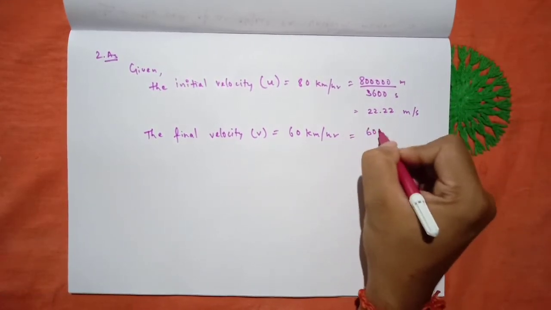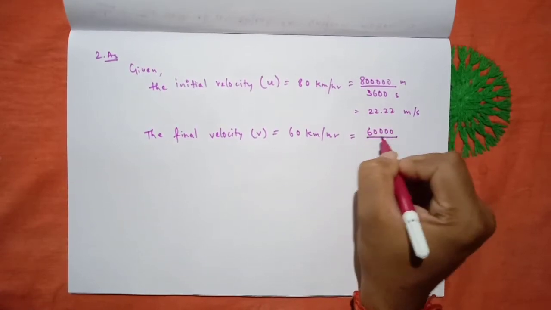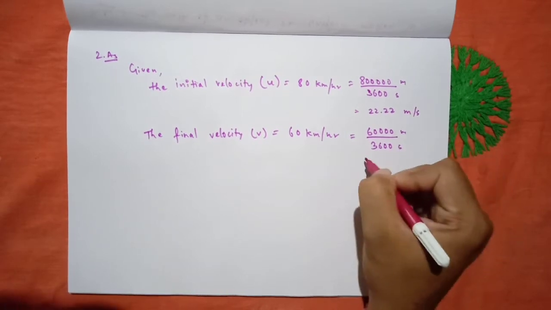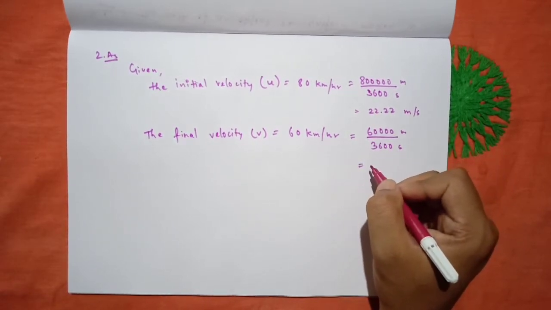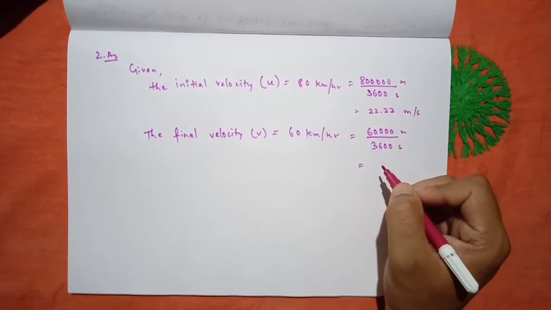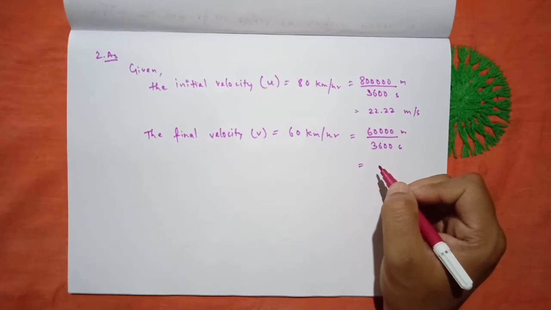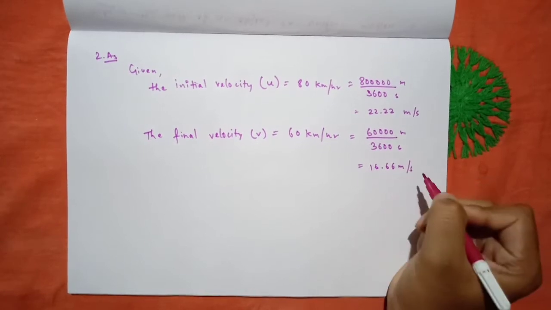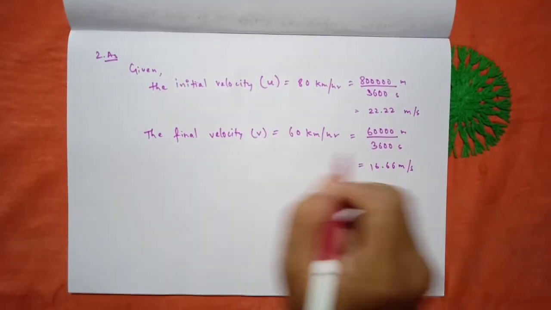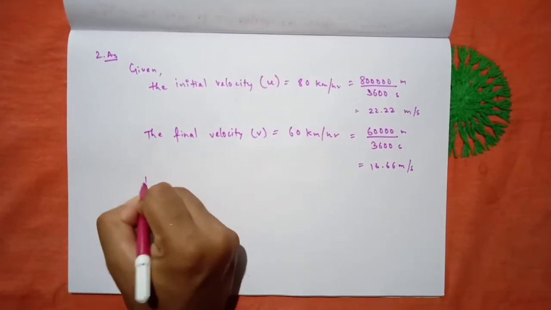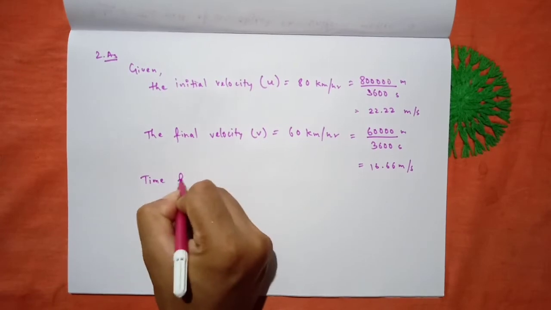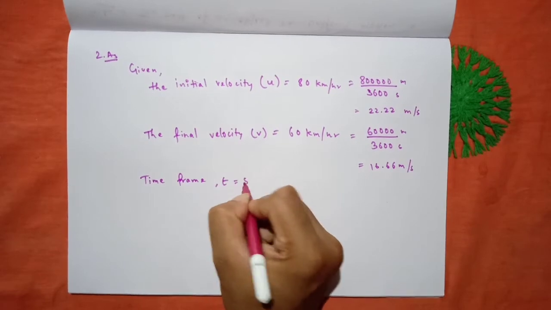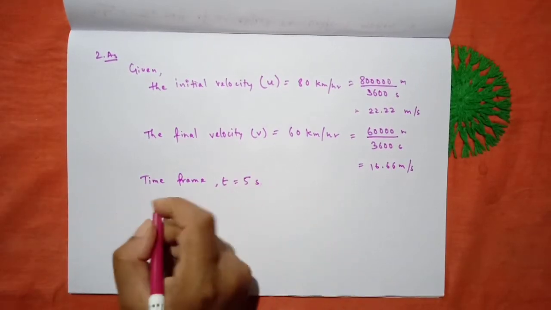So 60,000 divided by 3600, which becomes 16.66 meter per second. Okay, now the time, which is t, is given just 5 seconds.